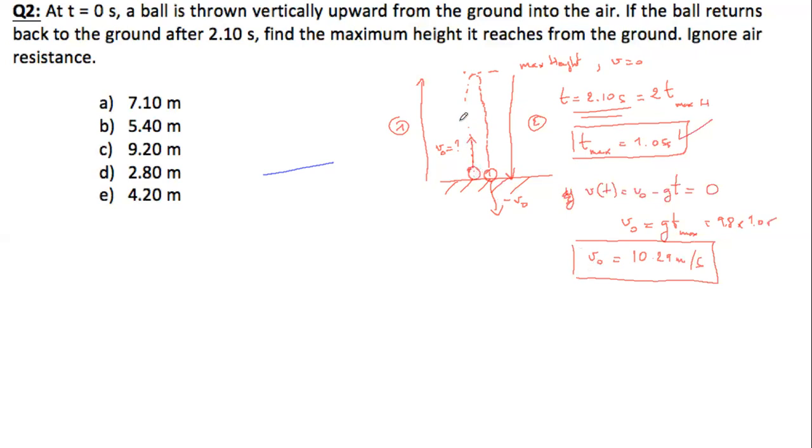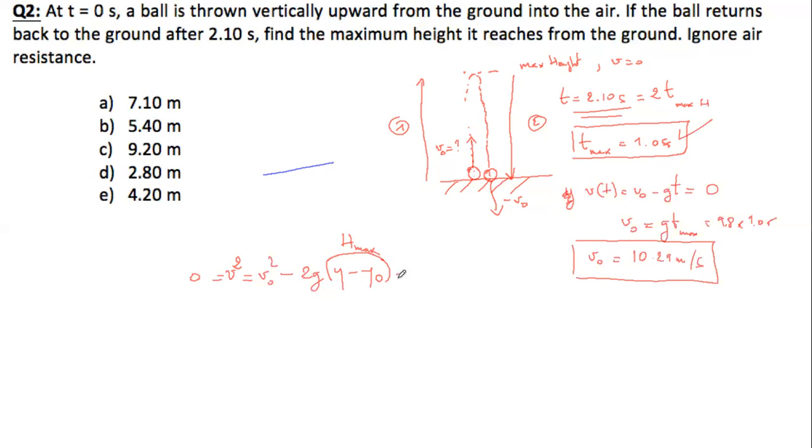Now, knowing the initial speed, what is the maximum height? I will use the third equation for constant acceleration motion: v squared is equal to v initial squared minus 2g (y minus y naught). This y minus y naught is the maximum height, h, and v squared is 0 because at maximum height the speed is 0.